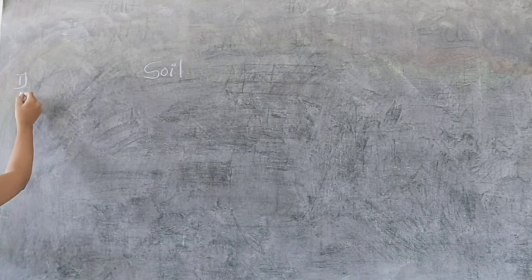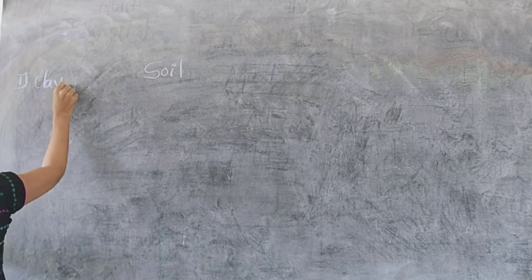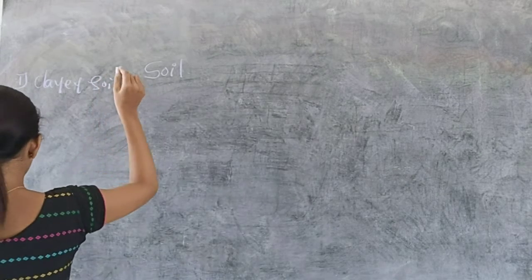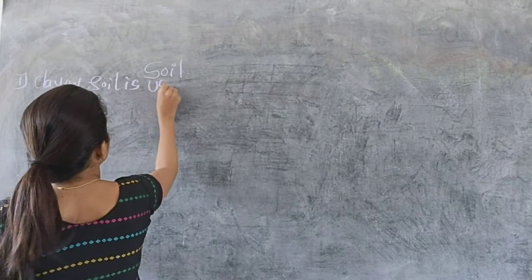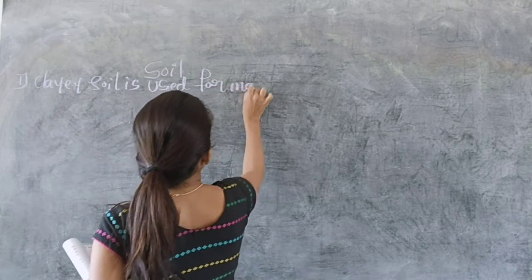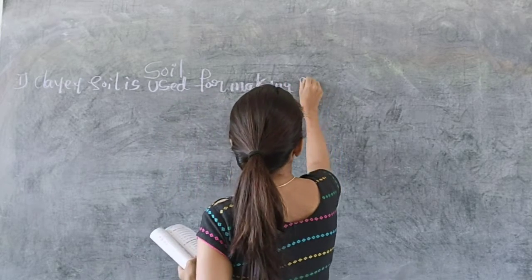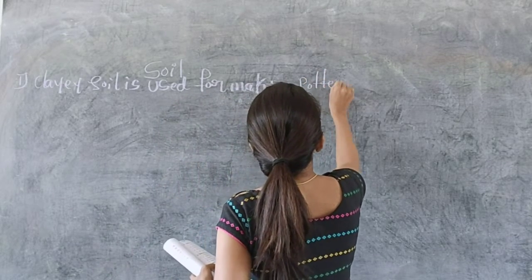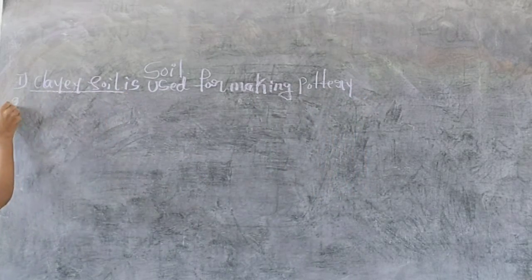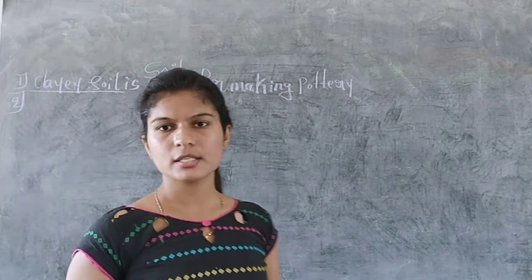First one, clay soil is used for making pottery. It is clay soil. Okay. Second one, how many layers are present in the soil?